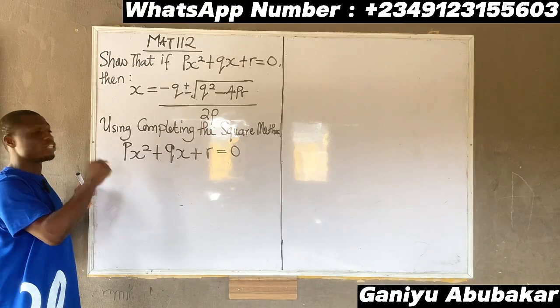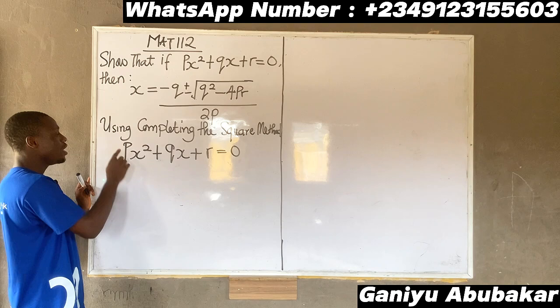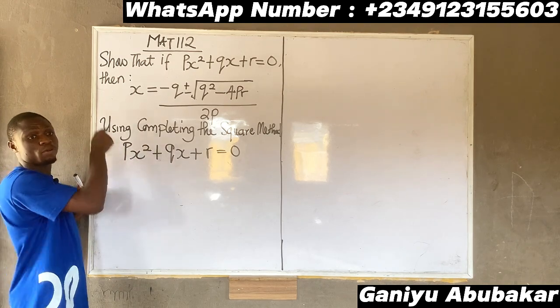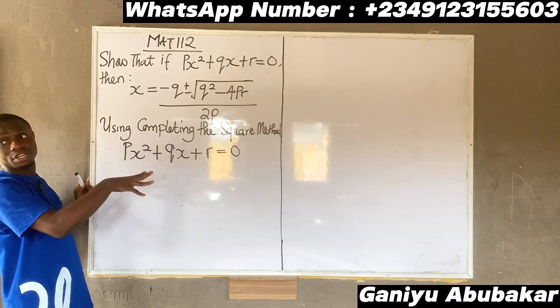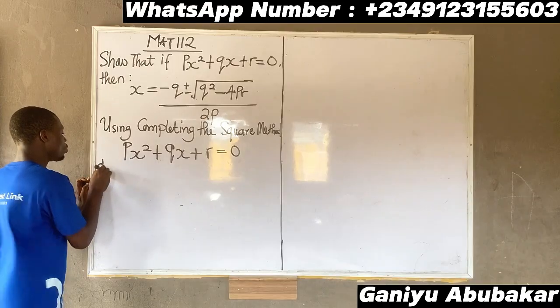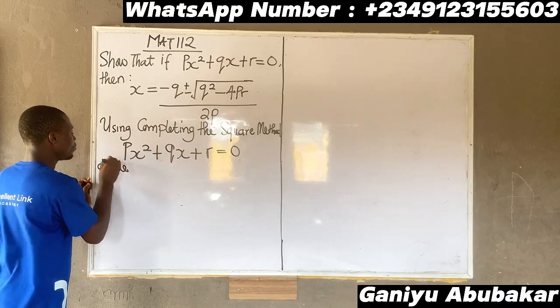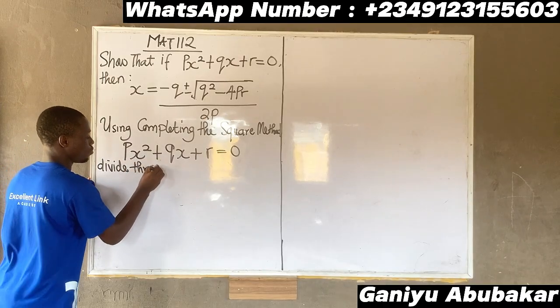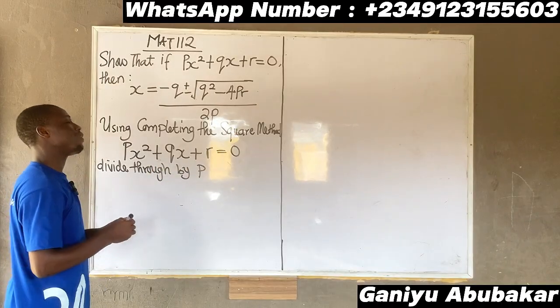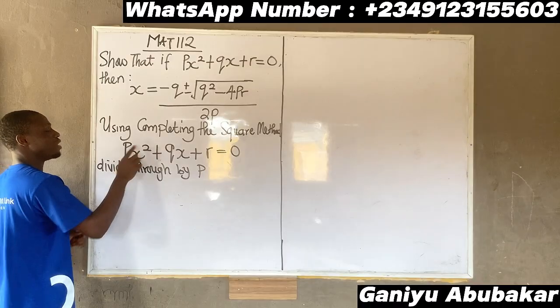But I'm having p attached to it, so I must make sure that p is eliminated. So I'll divide through by p, because I want to make sure that x squared stands alone.